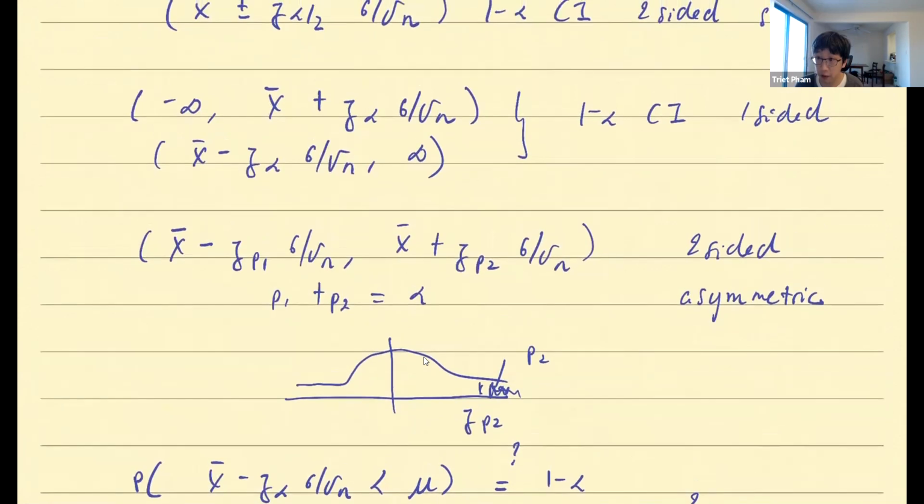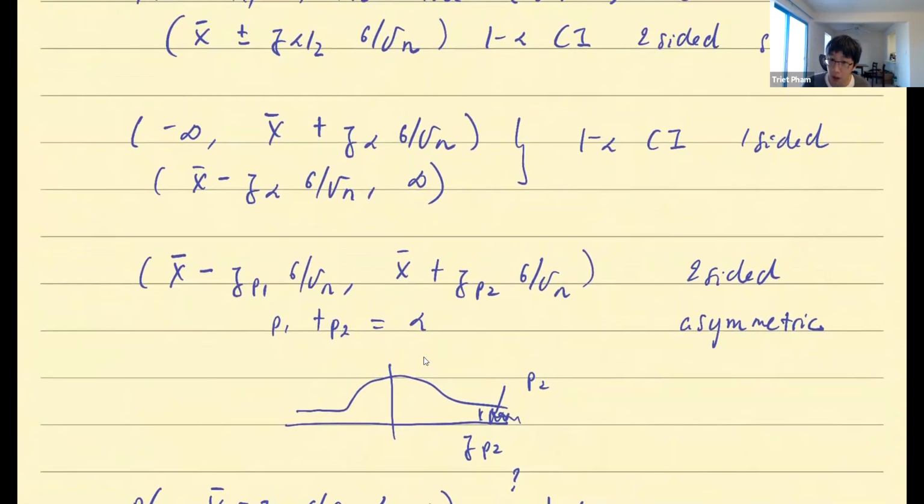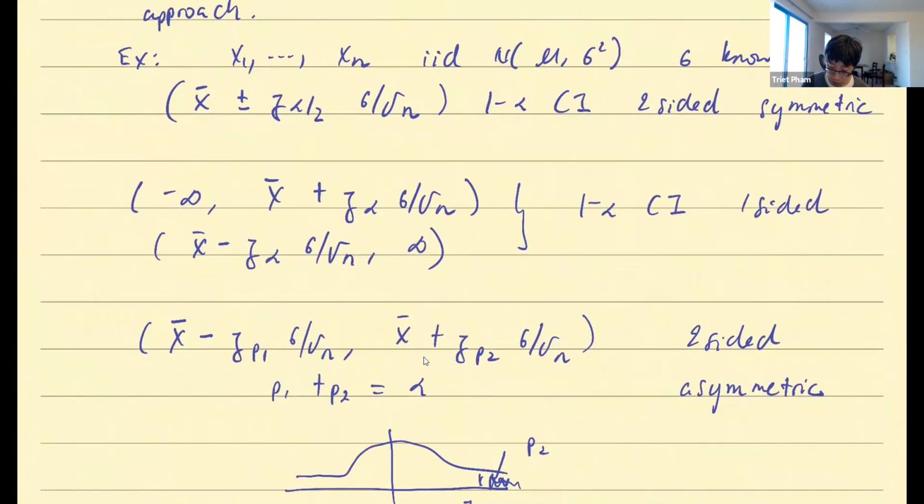So you get the feel of it. But then, go back to my main point. My main point is that they are all 1 minus alpha confidence intervals. So why this or why that? Why do we go with this? Why not this, this, and this?